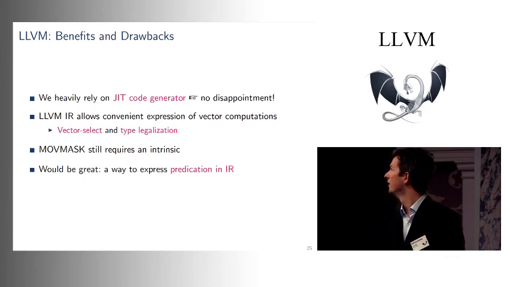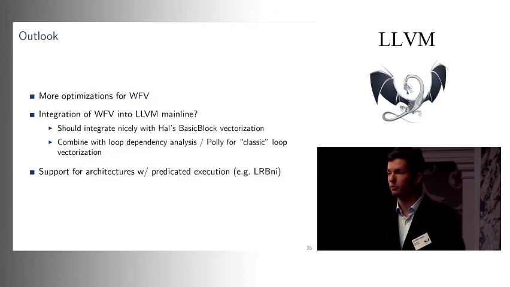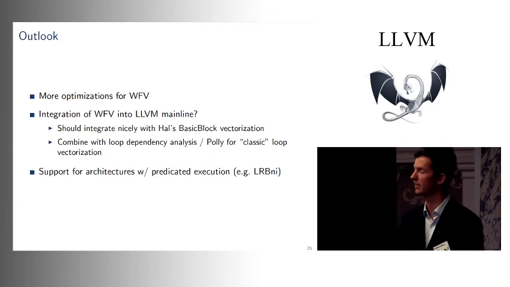So good news there. As a small outlook, we have a few more ideas for optimizations for the whole function vectorization stuff. So it's likely to get even better a little bit. Integration of the whole stuff into the LLVM mainline is a topic. There are certainly some nice applications, like combination with the basic block vectorization that Hal talked about yesterday.